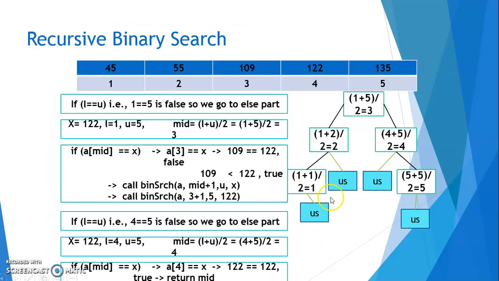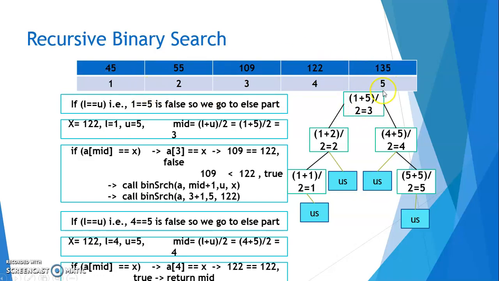Now we will look at an example. So here in this tree we are showing how the indexes will be calculated, and this is the list. 45, 55, 109, 122, 135 are the array elements and their locations are 1, 2, 3, 4, 5. Now first of all, how the mid will get calculated: L is 1, U is 5.